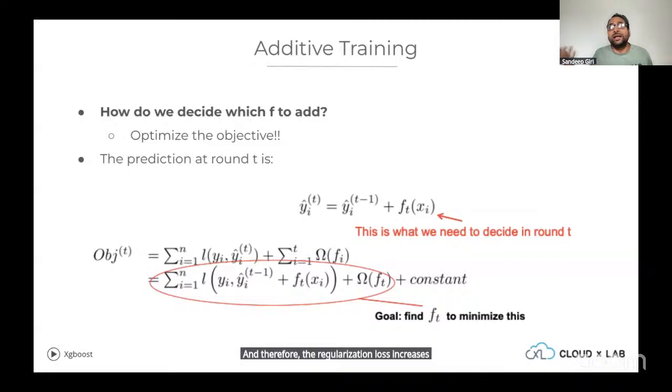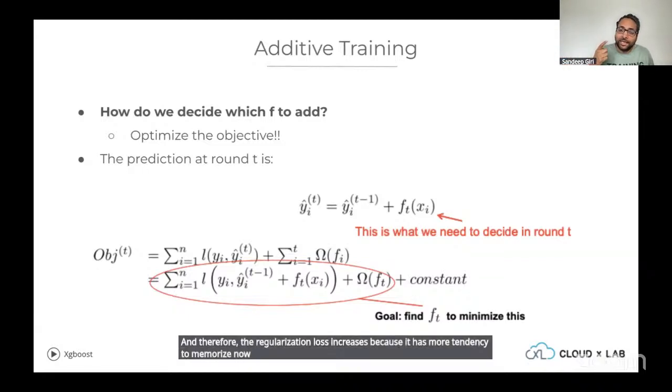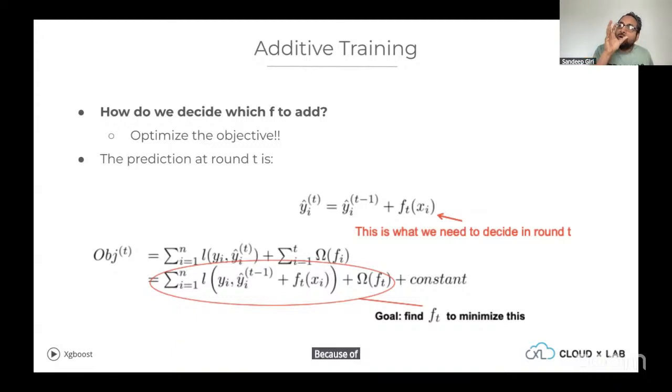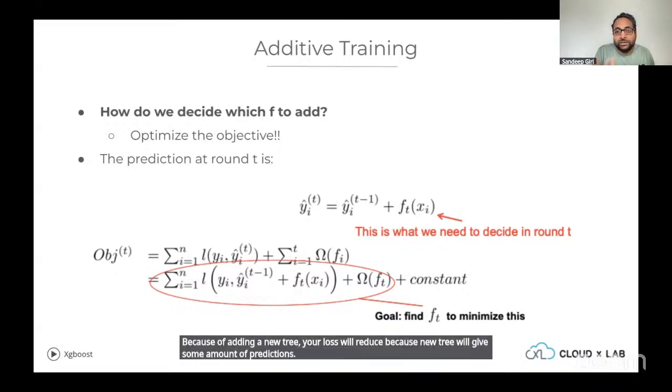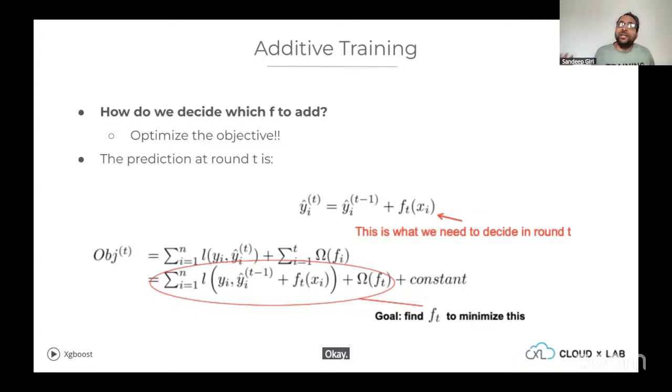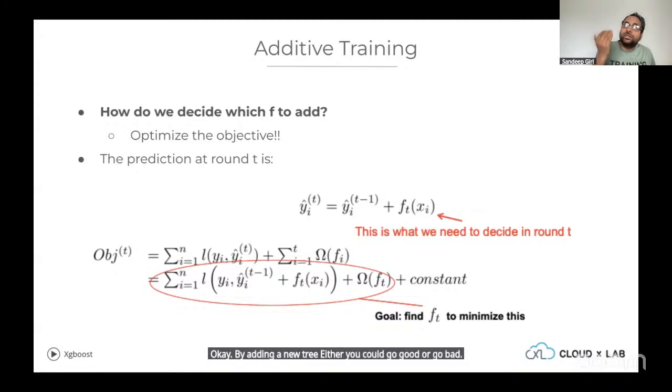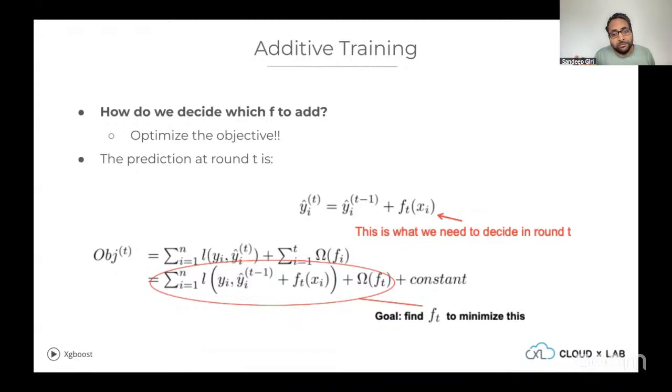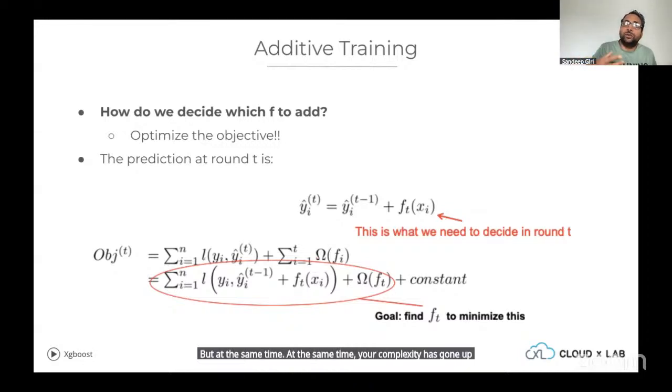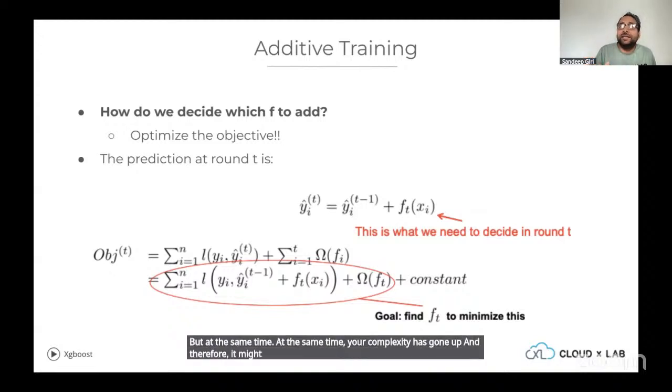At the same time, because of adding a new tree, your loss will reduce, because the new tree will give some amount of predictions. So by adding a new tree, you could go good or go bad. On one hand, definitely your loss will go down. But at the same time, your complexity has gone up, and therefore it might increase your overall loss.